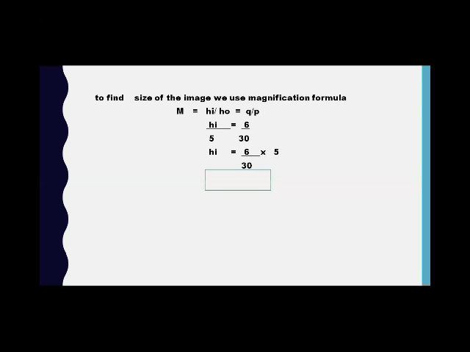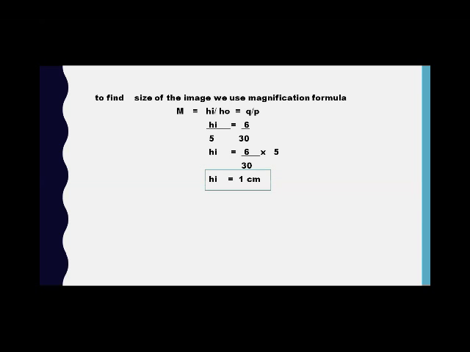So this 6 will multiply by 5. 6 fives are 30. Then this 30 will cancel this 30 and we just get 1. The unit will be centimeter. So the size of the image will be 1 centimeter.